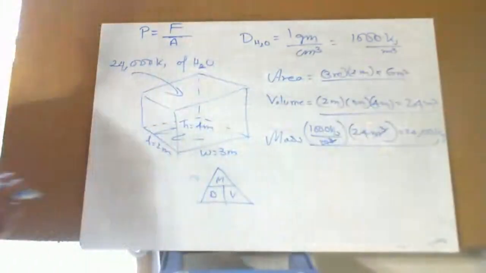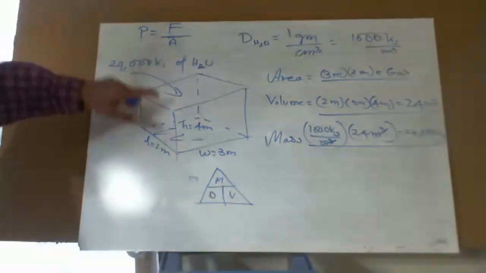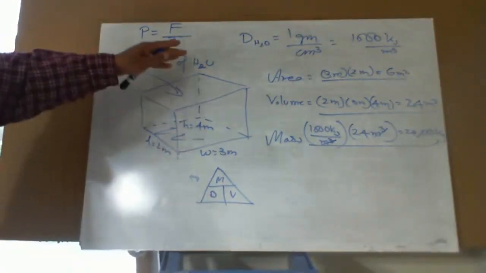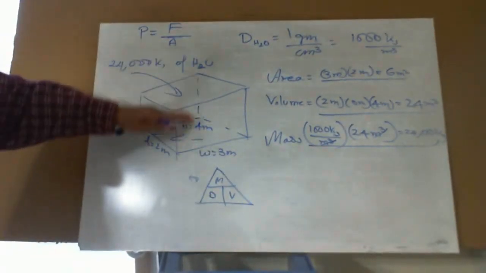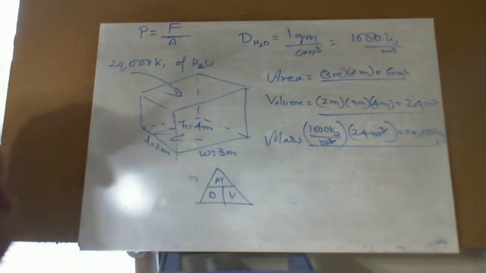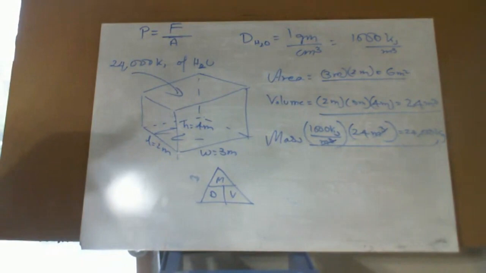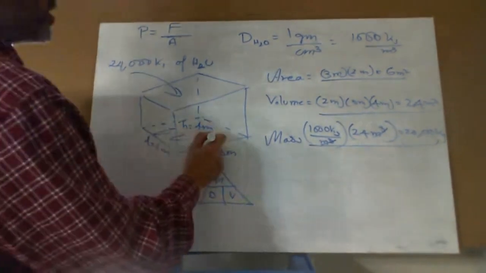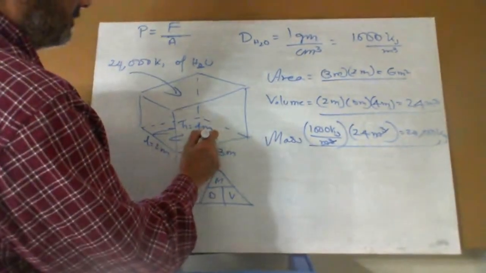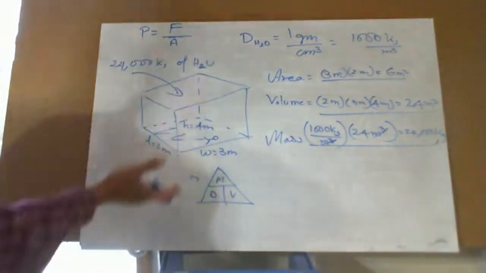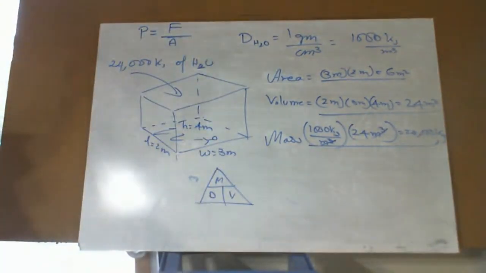So to find the pressure at the bottom of this tank containing this water, I want to find what is the pressure at the depth of 4 meters. Or if you were swimming in this tank at a depth of 4 meters, what would be the pressure, right?